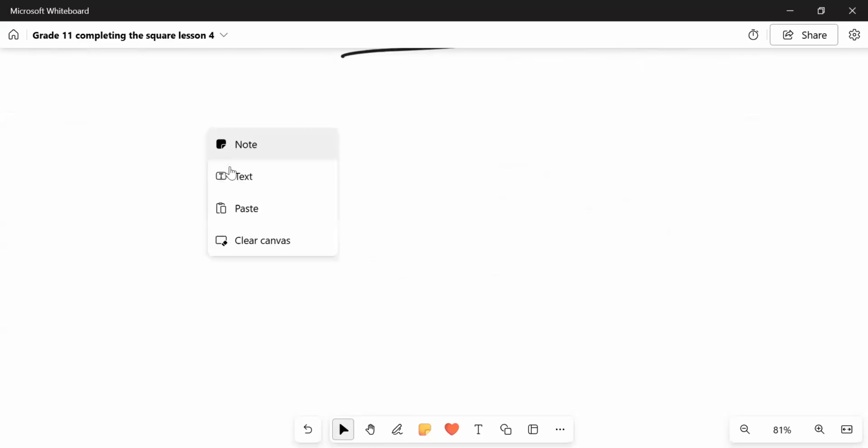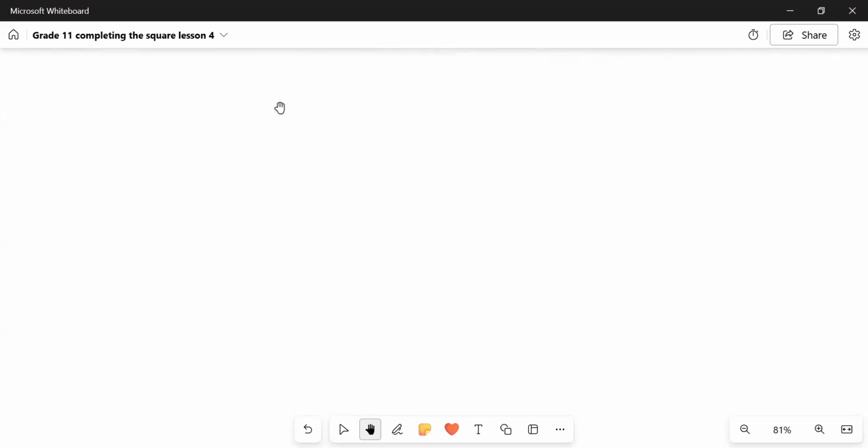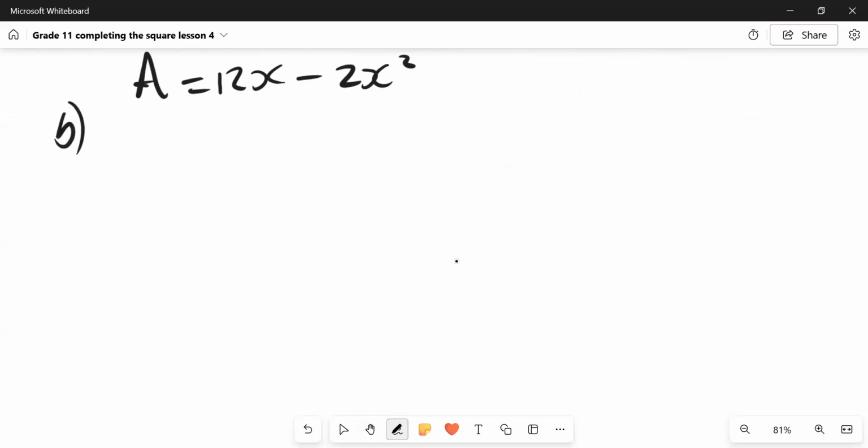So for B, they are looking for the maximum area now. That's not a problem. Remember our area, we said that's 12X minus 2X squared. So we're looking for the maximum area there. How do we get the maximum area? We have to complete the square, right?